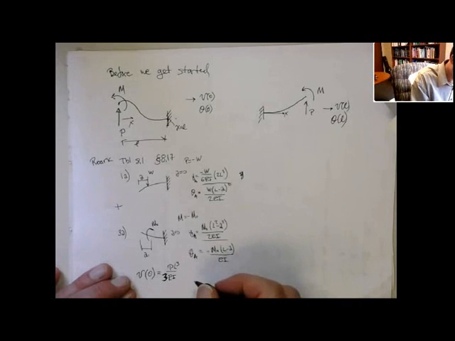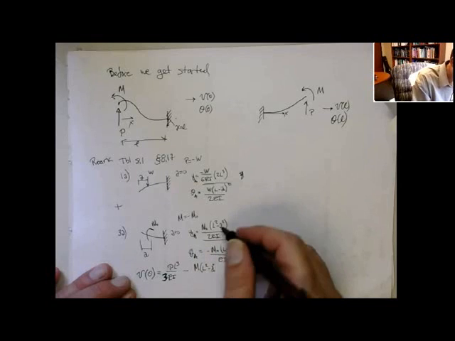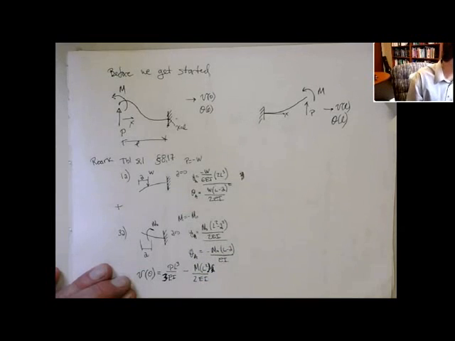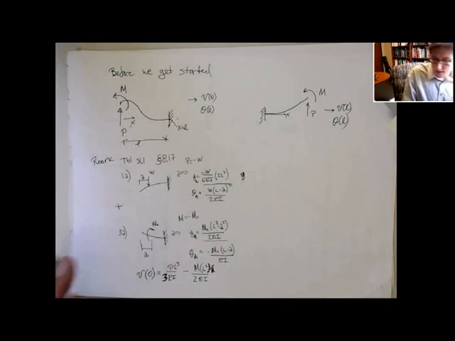a minus M L squared minus A, well, A goes to 0, so that goes away, over 2EI. All right? And did I copy those down?